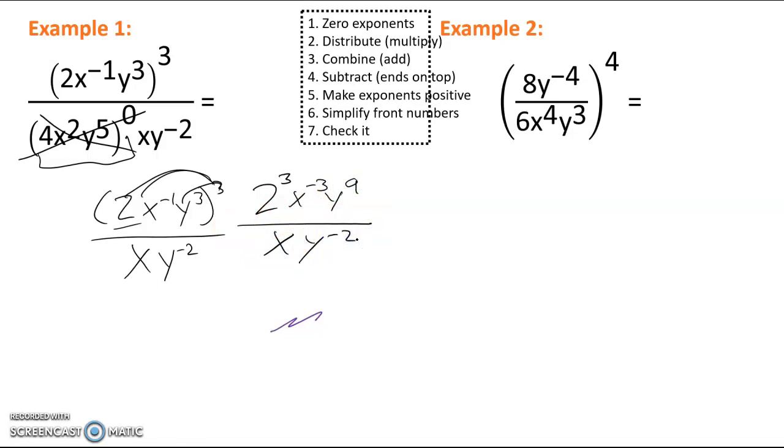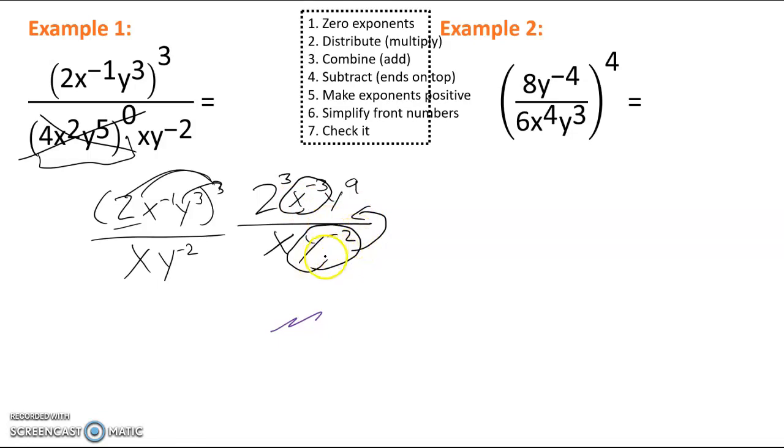Now, it doesn't explicitly say this up here, but what I'm going to end up doing is moving all of my negative exponents. Once I'm done with my 0 exponents and done with my distribution, I'm going to move all of my negative exponents to wherever they need to go.